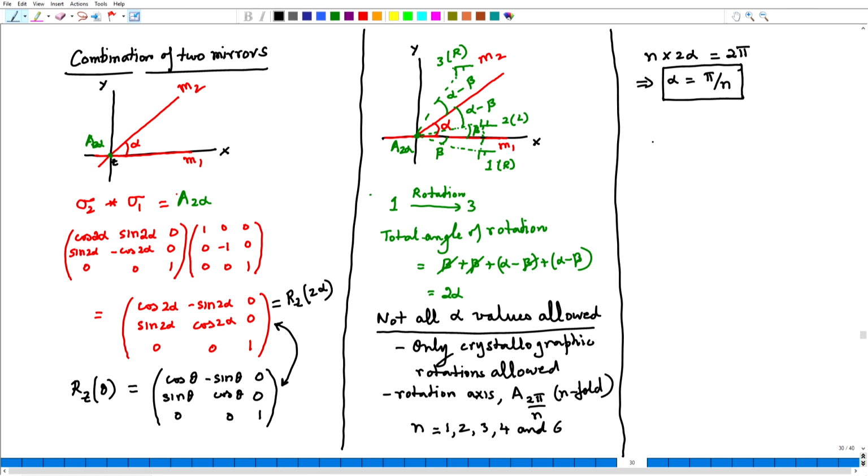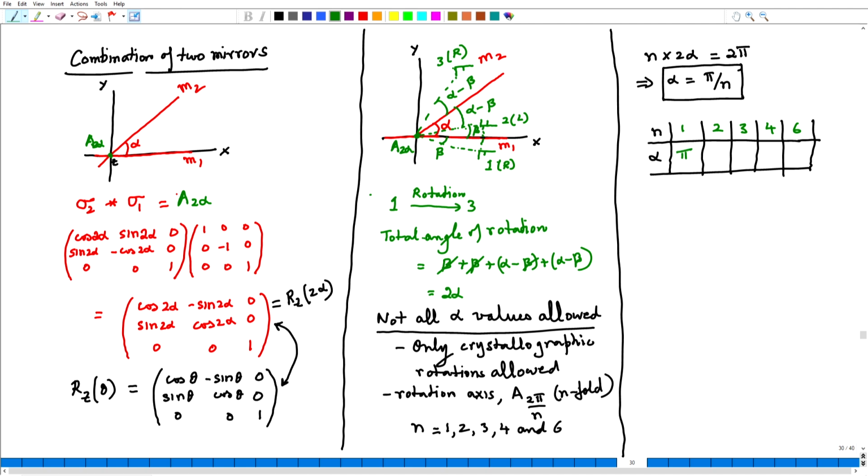Let us write down all the allowed values of alpha. So, 1, 2, 3, 4 and 6. For n is equal to 1, it is simply pi.